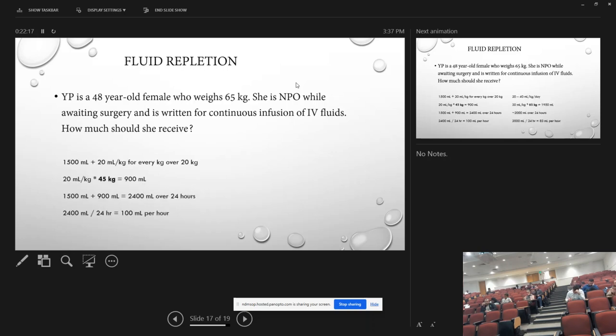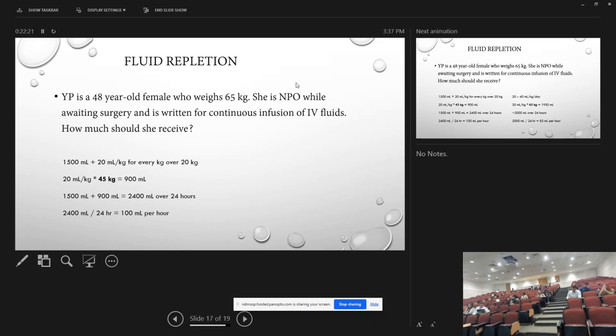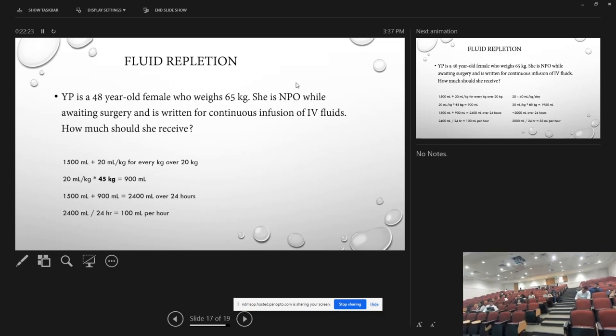So if you chose the longer one, 1.5 liters plus 20 mils per kilo for every kilo over 20, you would get this. So 20 mils times 45 kilos, which is 45 over 20, is 900 mils.